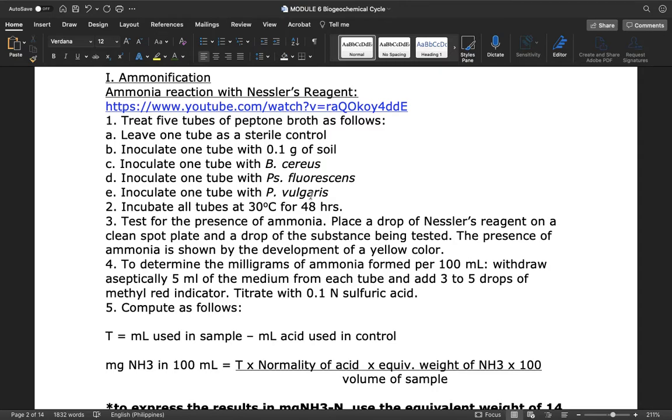For this part of the experiment, we tested for the presence of ammonia using a reagent called Nessler's reagent. And then we also determined the milligrams of ammonia that was produced per 100 ml. Hypothetically, given a set of variables, we can compute the amount of ammonia present in the solution that we tested.